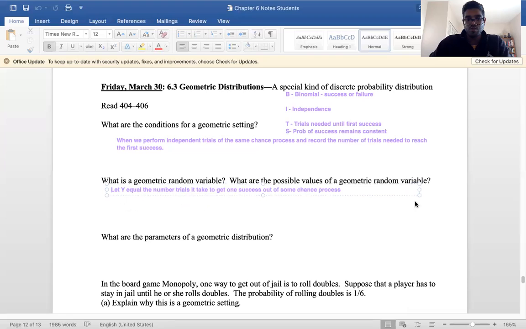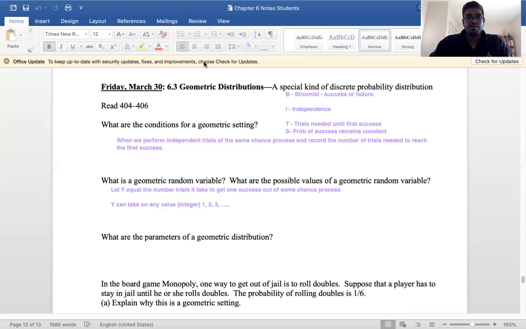And if you think about what y could be, technically y can be any integer value: 0, 1, 2, 3, and so on. I mean, in theory, you could flip a coin a whole bunch of times, and it could take you 10 million tries before you get your first head. So this can go on as long as it needs to.